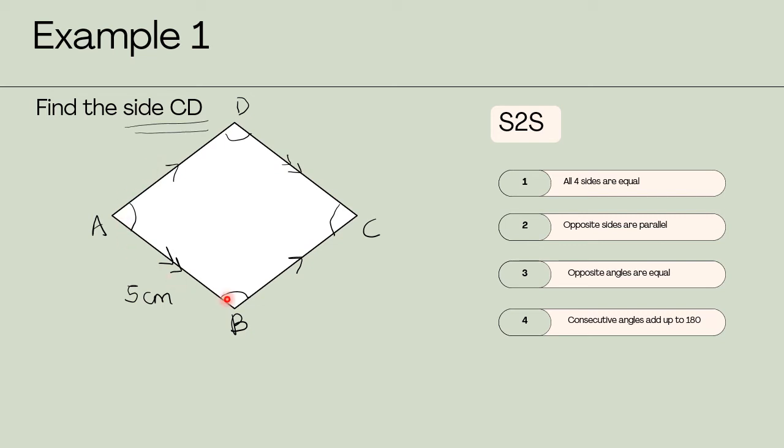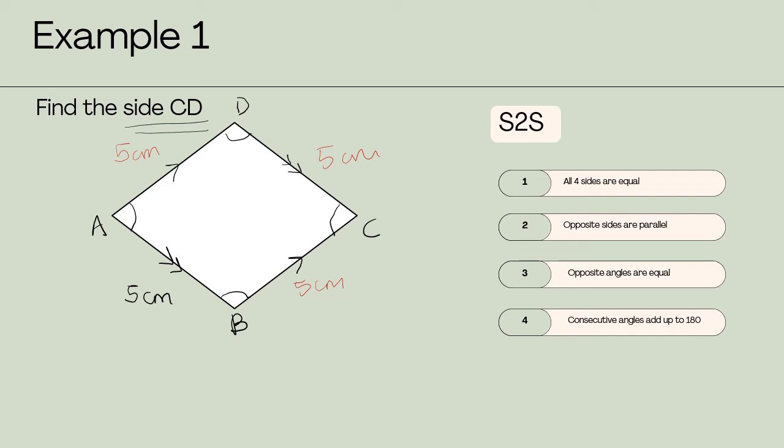Let's examine our rhombus first. We have A, B, C, D, and only one side is given, which is 5 centimeter. Now, the first property of a rhombus that we know is all four sides are equal. So, meaning that if this is 5 centimeter, then the rest should be 5 centimeter because the first property of a rhombus is all sides are equal.